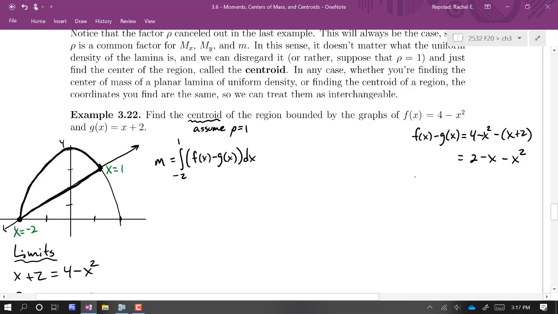And f plus g, f of x plus g of x, is 4 minus x squared plus x plus 2, and that is 6 plus x minus x squared.